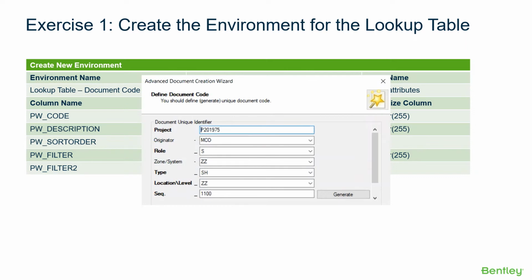The document code for this course will consist of six parts: project, which is automatically populated by using a work area property, originator, zone or system, level or location, type, and role. These will be selectable pick lists driven by the environment.